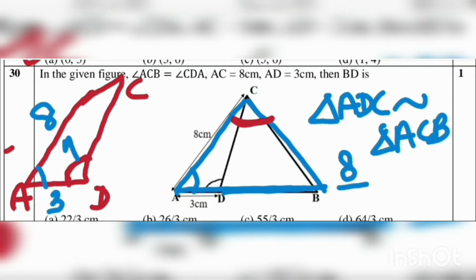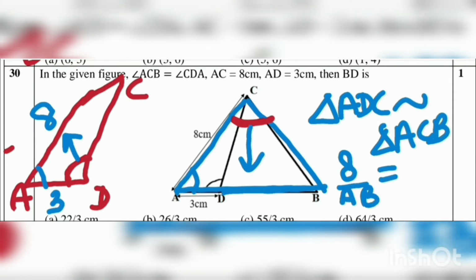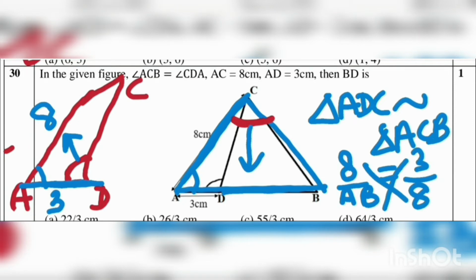Here, opposite to the red angle, we have side AB. So 8 upon AB equals, taking side 3 which is formed by the blue and red angle, the side here is 8. On cross multiplying, we get AB as 64 upon 3.